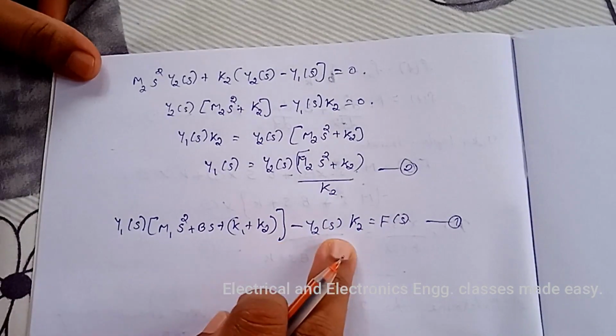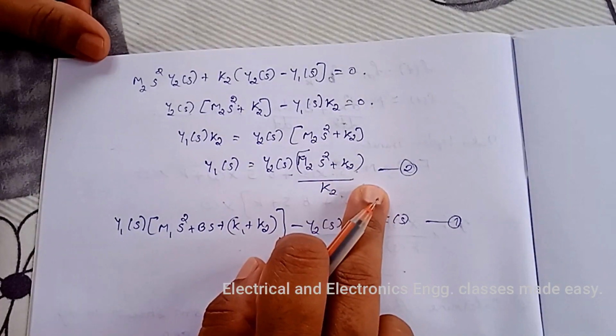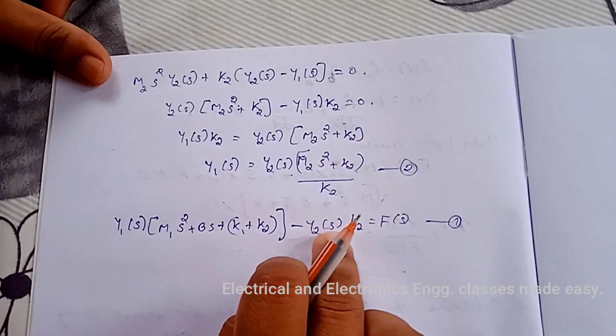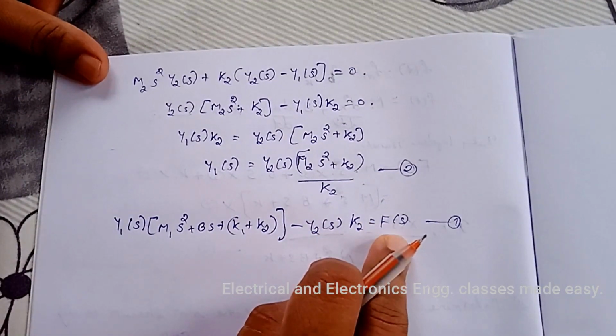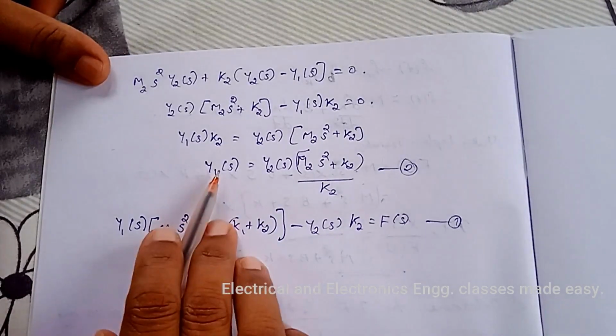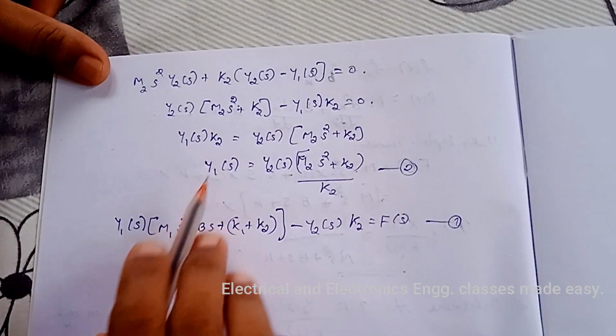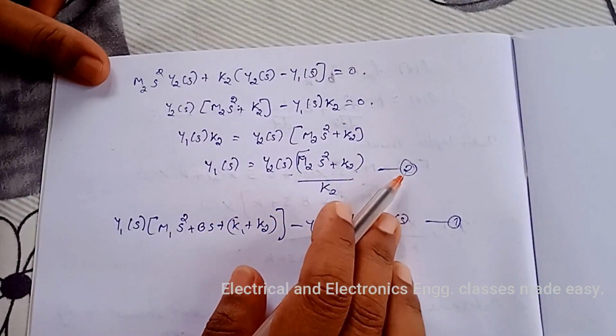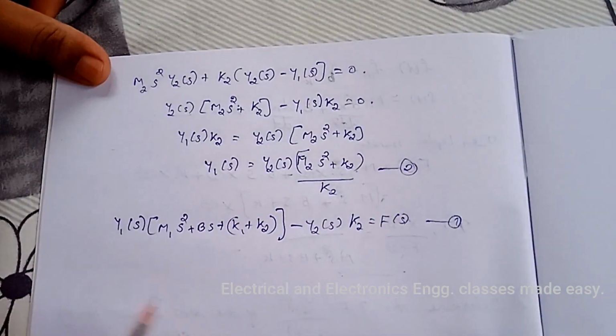So this is the first equation and this is the second equation, and the question is we have to find Y2(s) divided by F(s). So here we have to substitute for Y1(s), that is substitute equation 2 in equation 1.